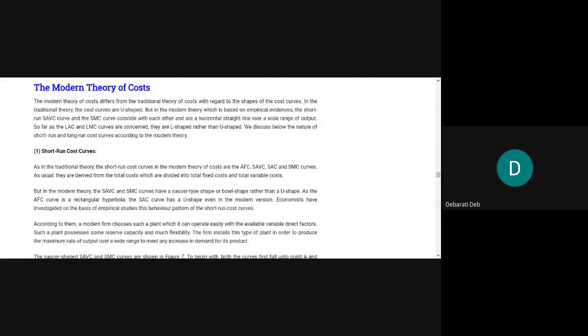Okay, so this SAVC and SMC will coincide with each other and are a horizontal straight line over a wide range of output. So I'm not showing you the diagram now. Once I show you the diagram, then we can understand them better. So we will see that SAVC and SMC will coincide, and both of them will be a horizontal straight line over a wide range of output.